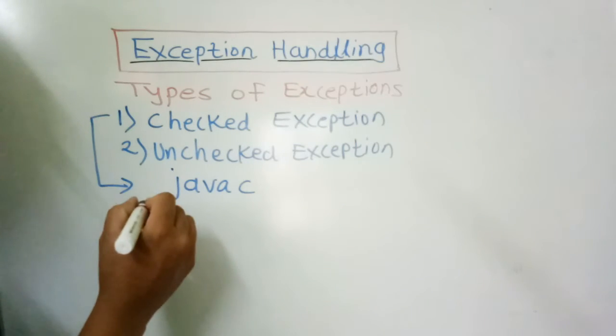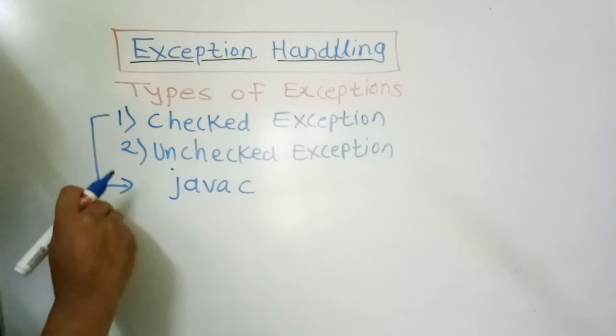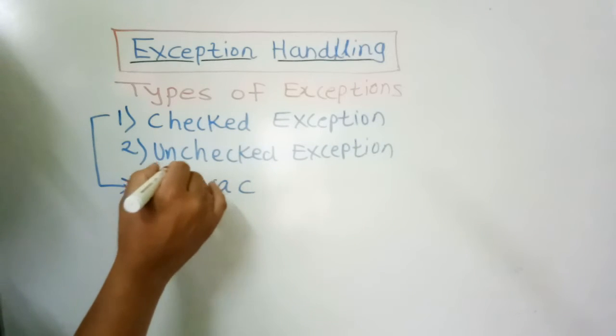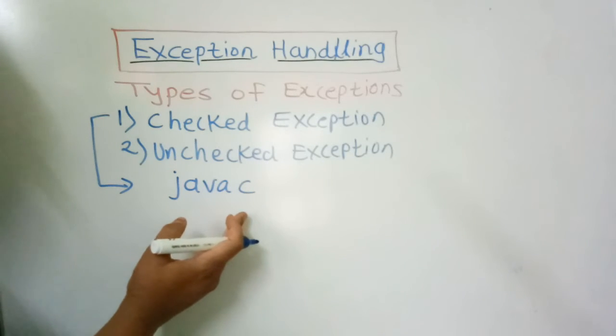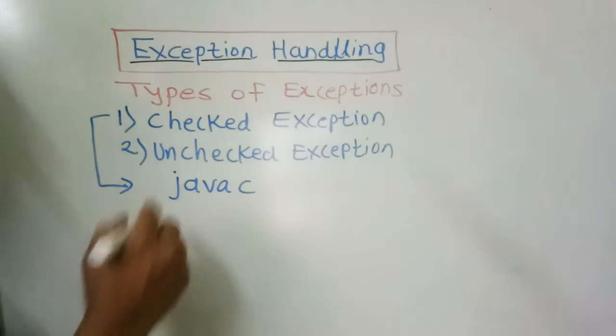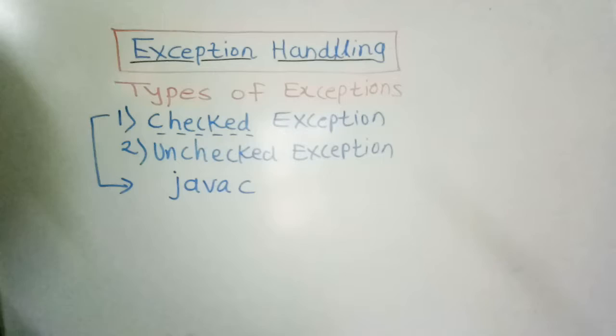It is a predefined mechanism, meaning it knows previously what errors will have to be handled at the time of program execution, because these are compile-time exceptions. So it keeps track of whether the checked exceptions are handled in the program or not.